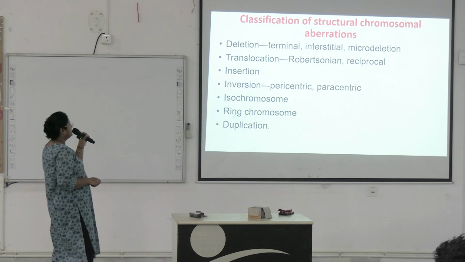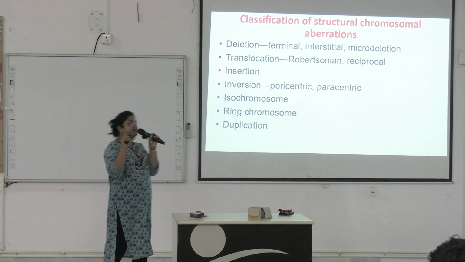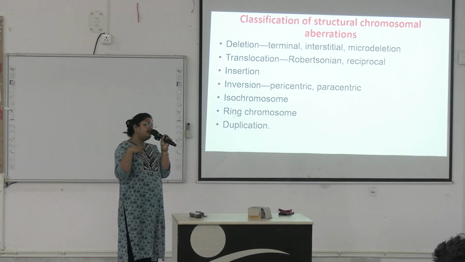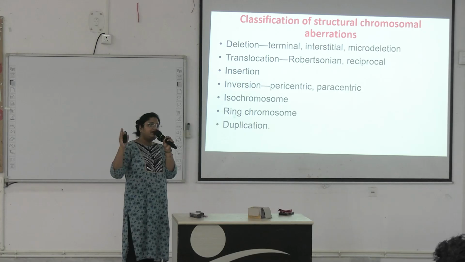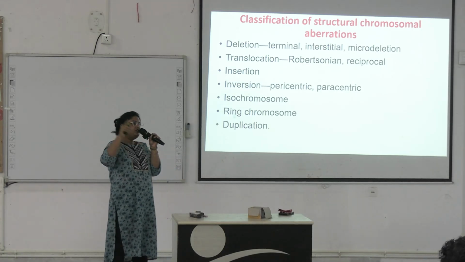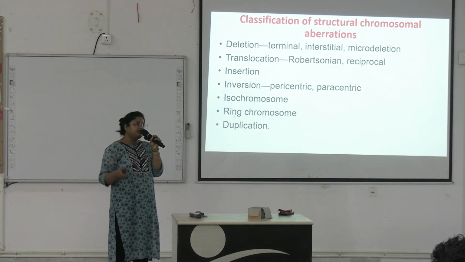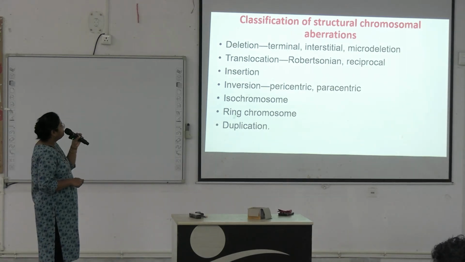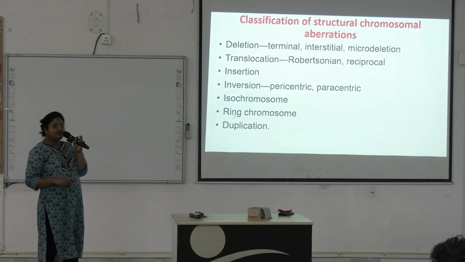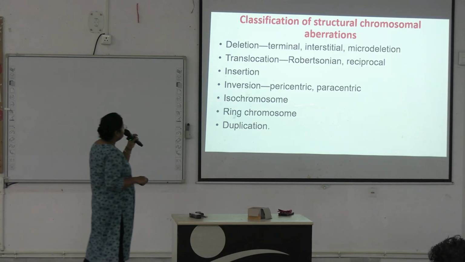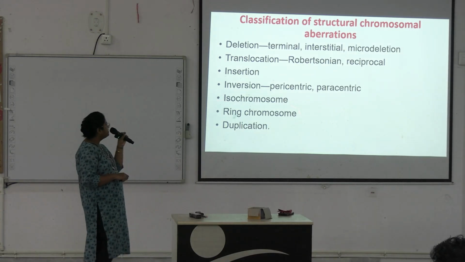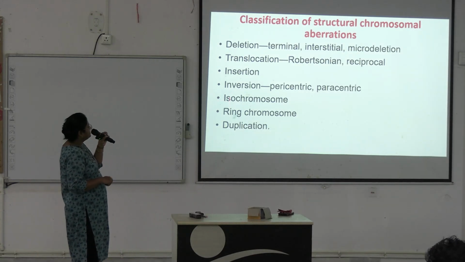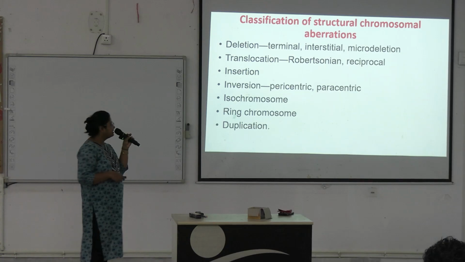Next is inversion. Inversion means some part is turned almost 180 degrees and joins again with the same chromosome. Inversion may be pericentric and paracentric. Next are isochromosome, ring chromosome and duplication. All these processes we will discuss.